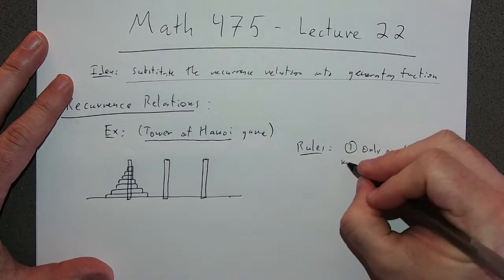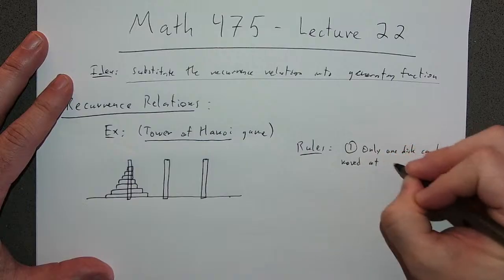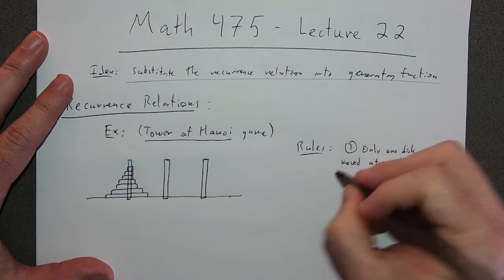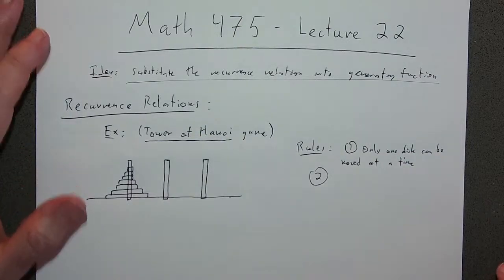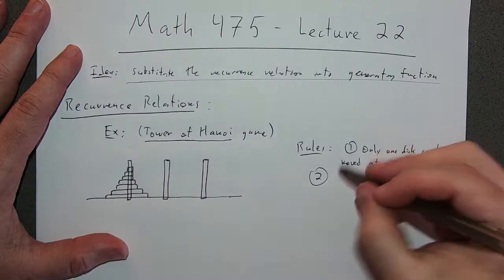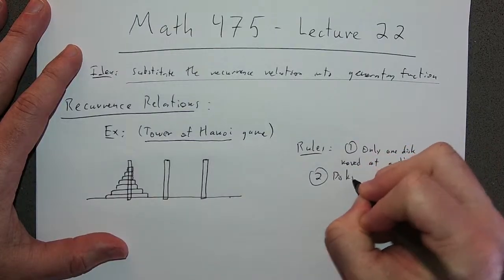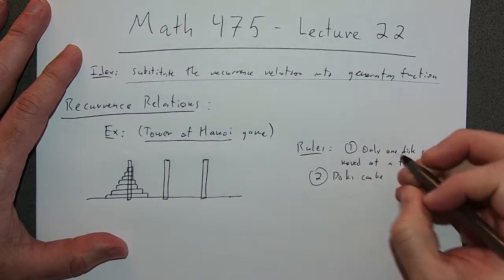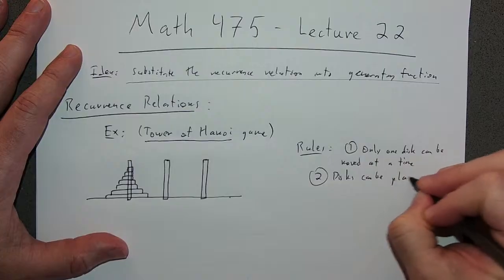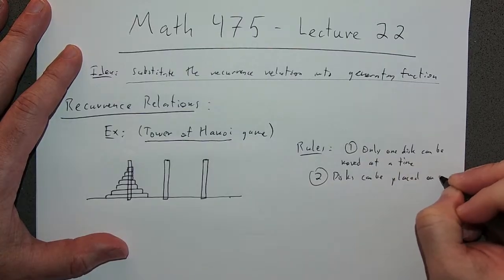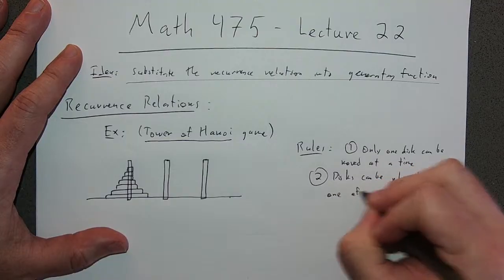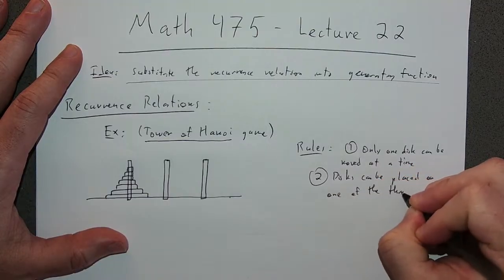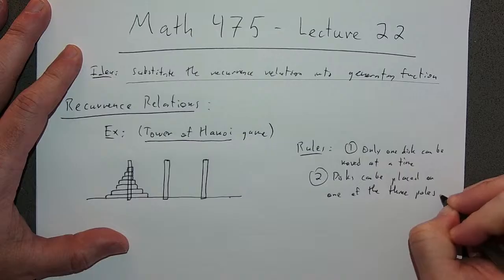Number two, you can put a disc on any of the poles, but nowhere else.